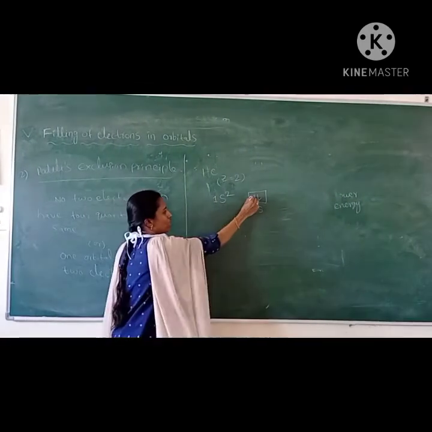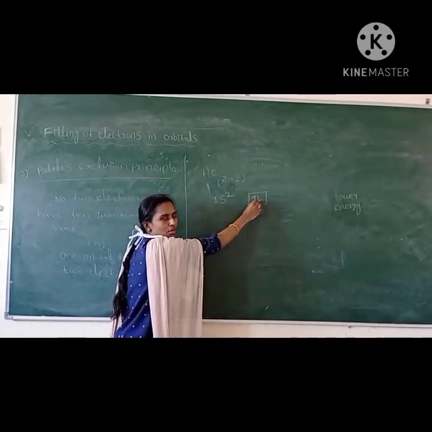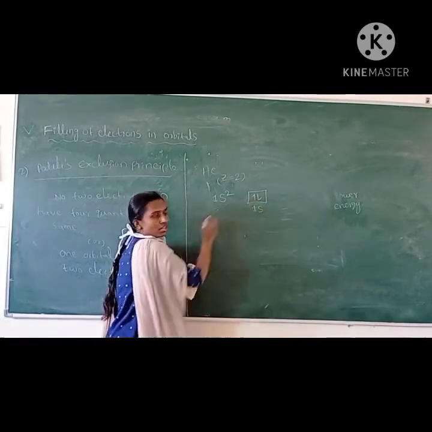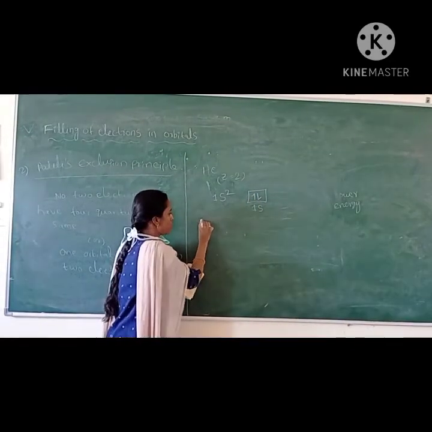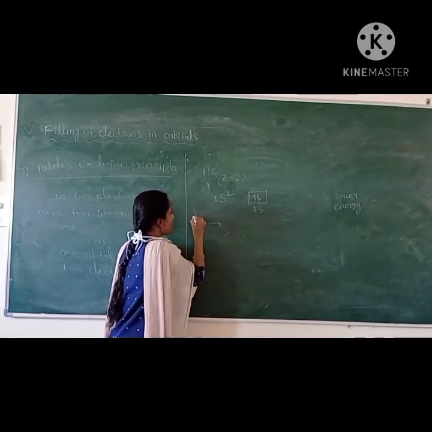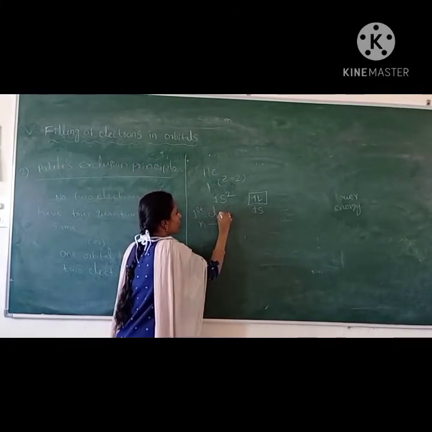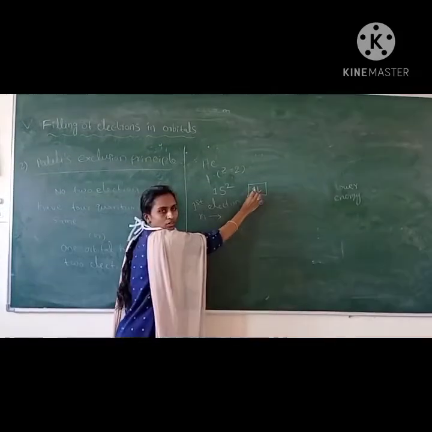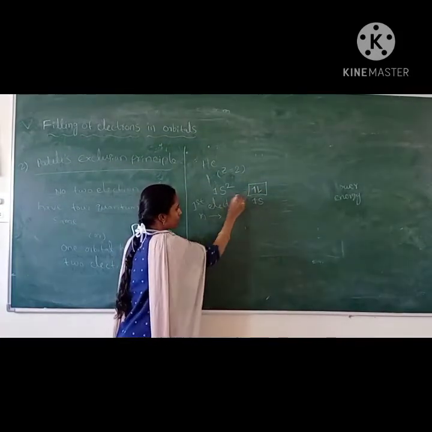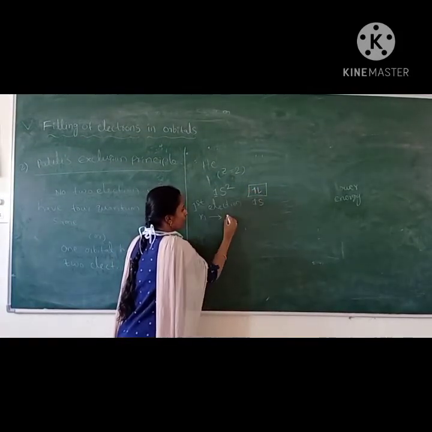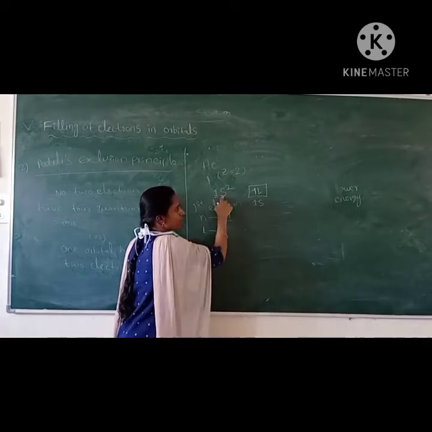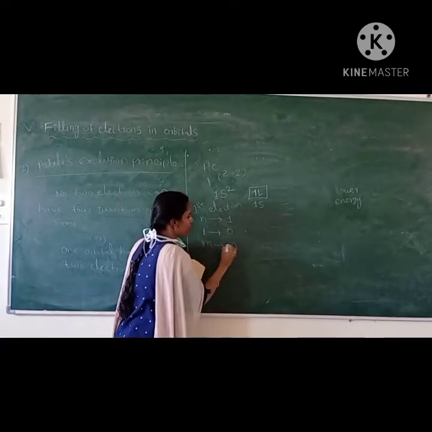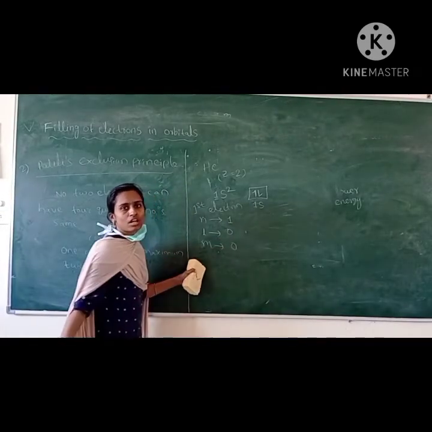If you see, the first electron has parallel spin and the second has anti-parallel spin. If you write the 4 quantum numbers for the first electron: n value is 1, l value for the s orbital is 0 and m value is 0, because l value is 0, m value is also 0.